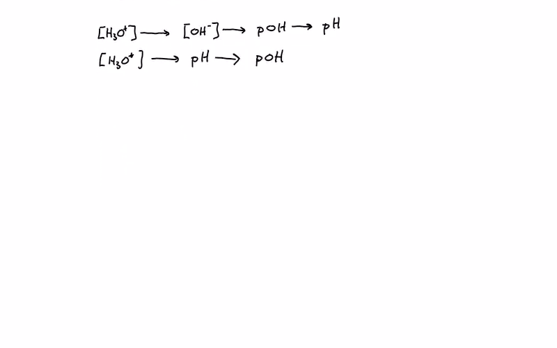Okay, so if we have an acidic solution, we're going to be given the hydronium concentration. So this is a solution like 1 molar HCl or 0.01 molar, not sulfuric acid, nitric acid, something like that.